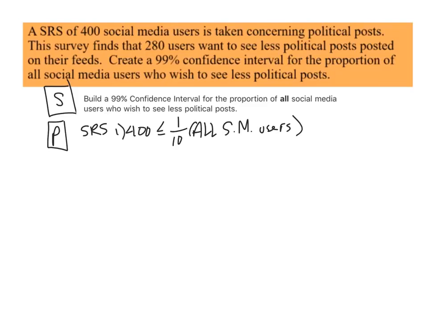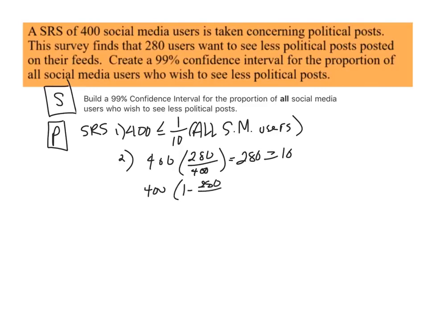Condition 2, recall, is 400 multiplied by 280 over 400, which of course is 280. That's got to be bigger than 10. And then 400 multiplied by the complement, so 1 minus 280 over 400, which of course is 120, is also bigger than 10. So we have fulfilled all conditions.